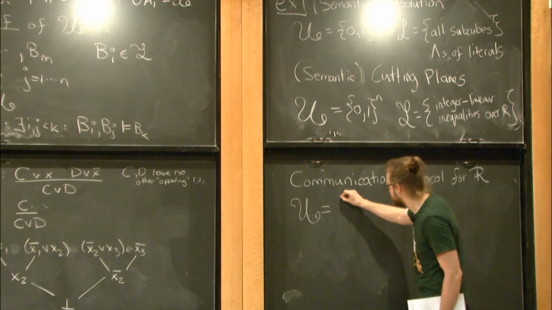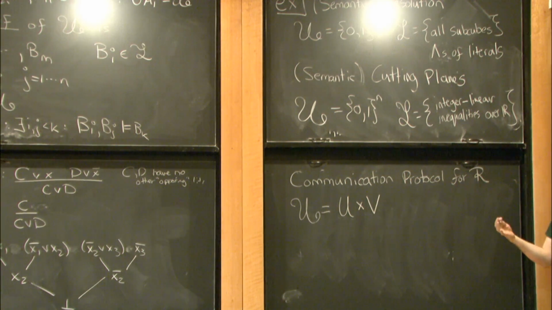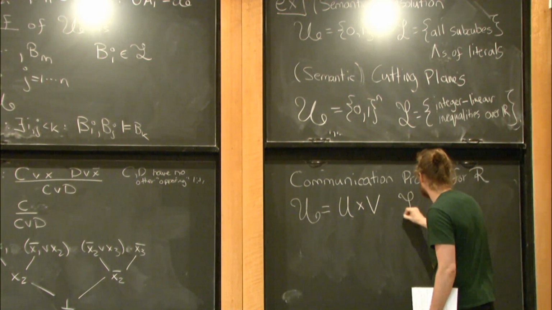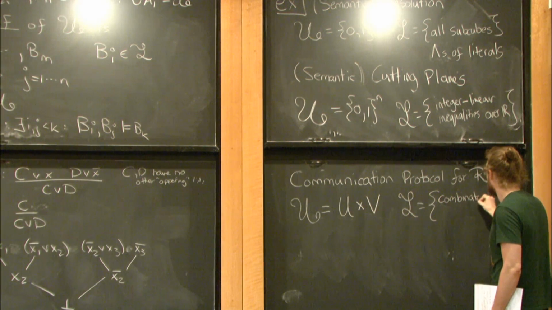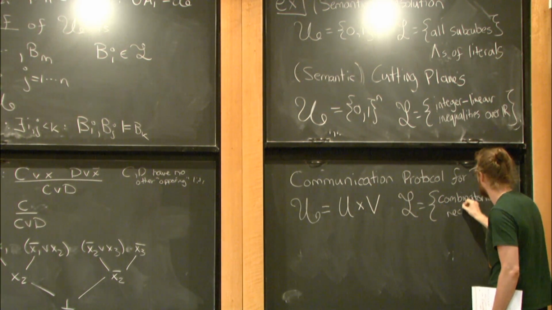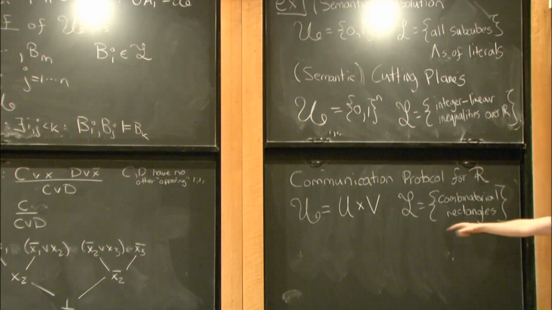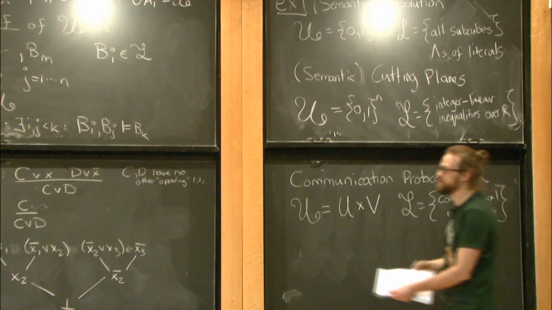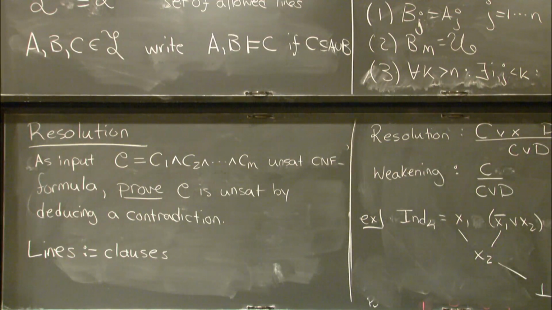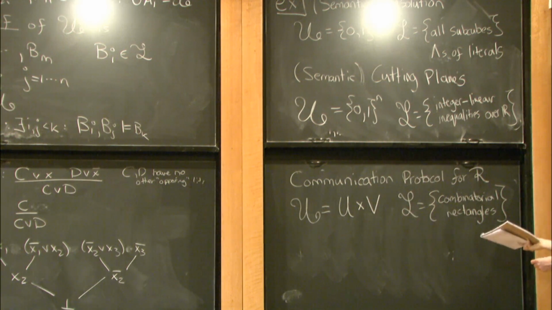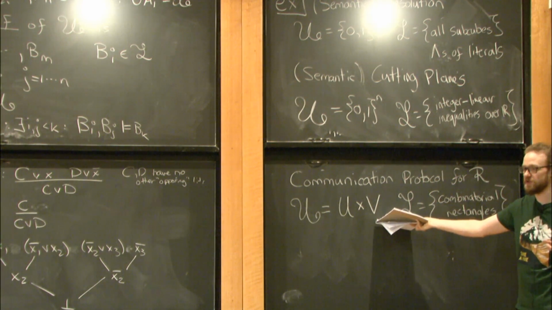The universe is going to be the cross product, whatever our whole space of inputs is. And the interesting lines are just going to be combinatorial rectangles over U cross V. And then using exactly the same usual semantic deduction rule. Okay? And I'll prove to you now that, in fact, if I take a tree-like semantic deductive proof over these things, it's equivalent to a communication protocol.